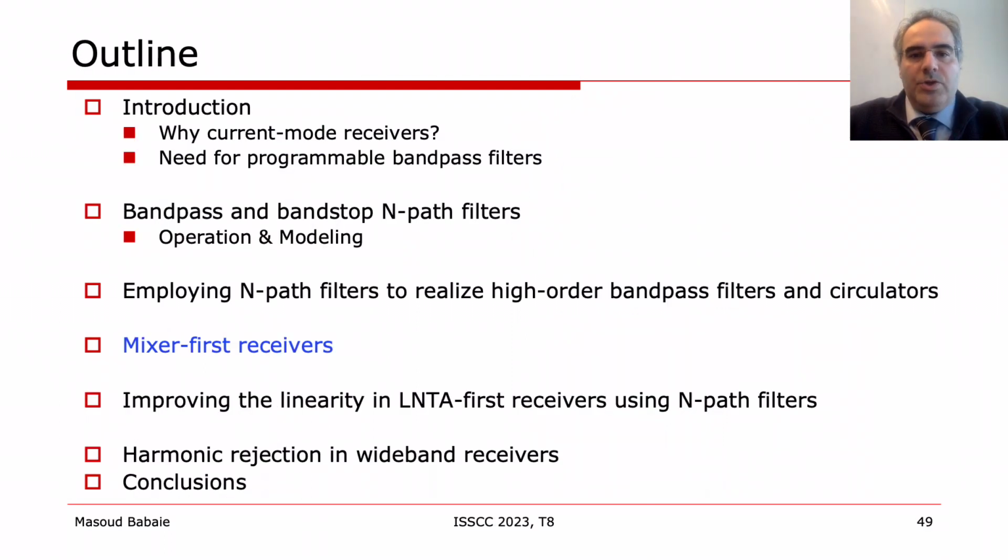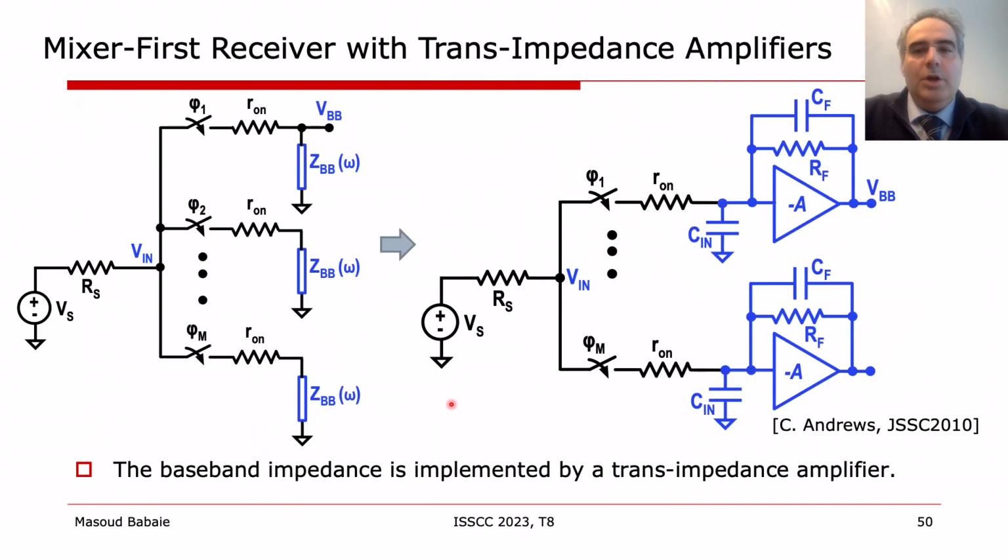Now I want to switch gears and develop a design guide for mixer-first receivers. In the conventional current-mode mixer-first receivers, each baseband impedance in the N-path filter is replaced with a transimpedance amplifier consisting of an operational amplifier with a gain of -A, an input capacitor Cin, a feedback capacitor Cf, and a feedback resistor Rf.